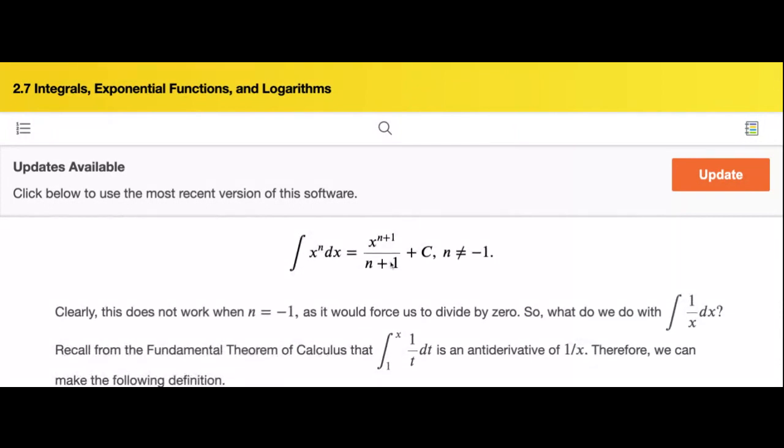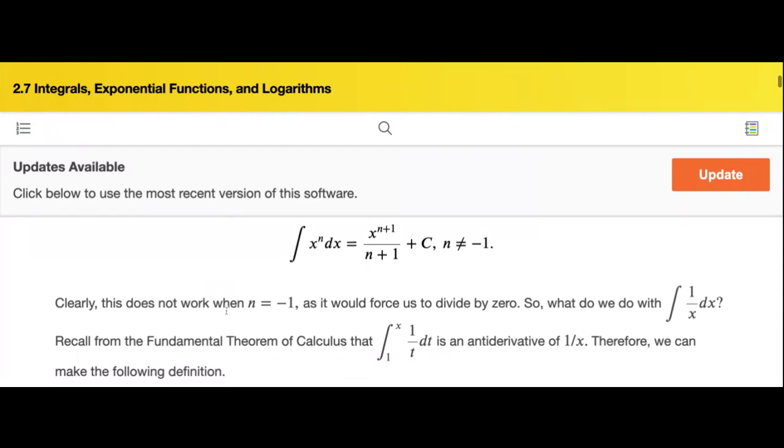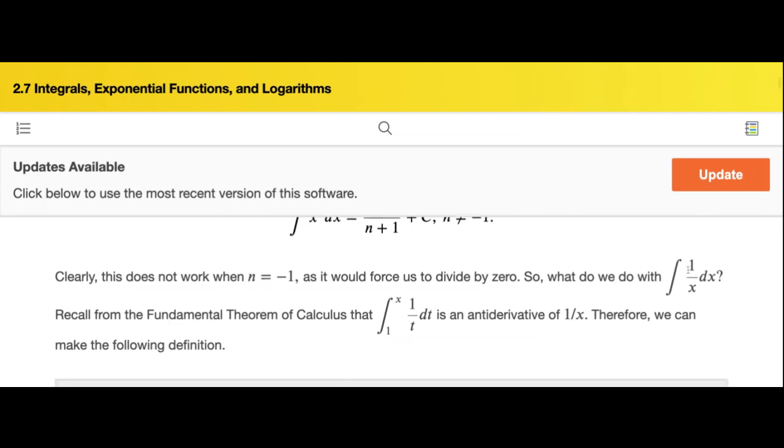But we require in the power rule, the n cannot be -1. So n can be any other integers, but not -1. So when n equals -1, that's 1 over x, which is special.